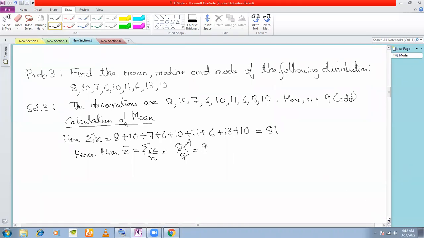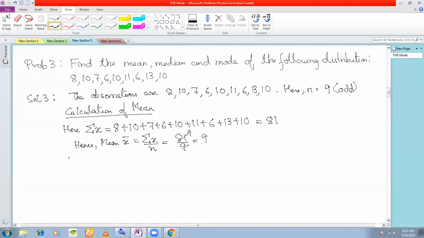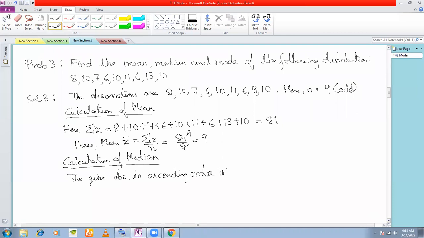Okay. Next, we are going to calculate the median. Now, in median, remember, we first arrange the given observations in ascending order, right? So let's start with arranging these in ascending order.